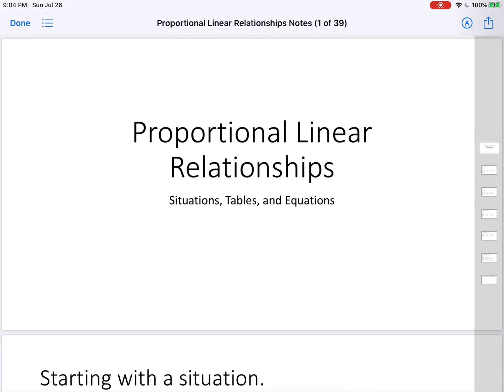Today's linear relationships will have to do with proportional linear relationships. Tomorrow, or in the next video, we are going to look at proportional or non-proportional linear relationships. We're going to look at situations, tables, and equations, all of which will be illustrating these types of linear relationships. And we'll talk about what it means to be proportional, and we'll touch on what it means to be linear.